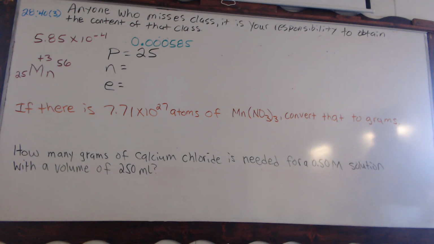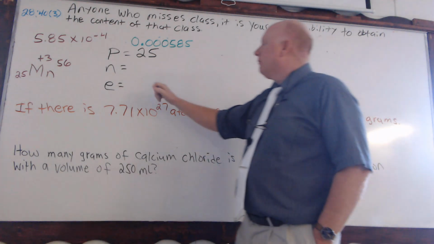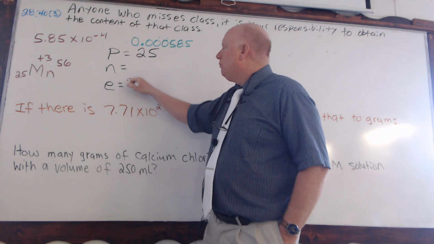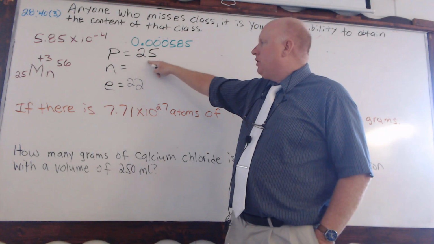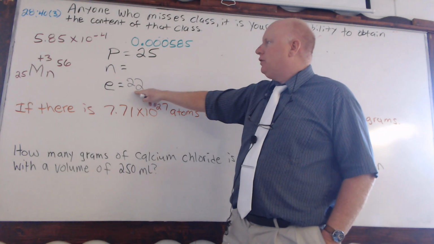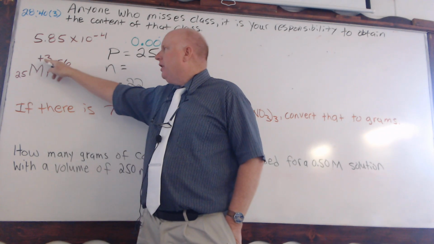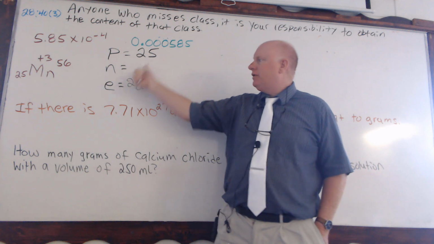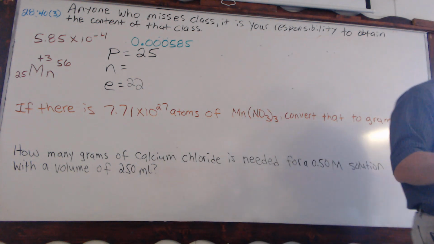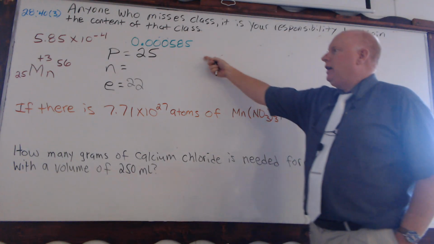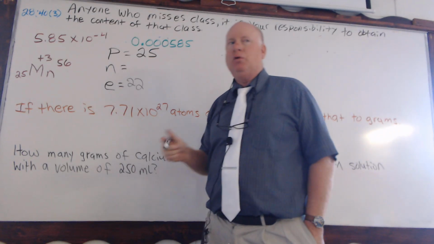That would be 22. Okay? So we've got 22 electrons. So we have 25 positive charges, 22 negative charges. That results in 3 more positive charges than negative. And then that would be 25 and 25 if it was neutral.